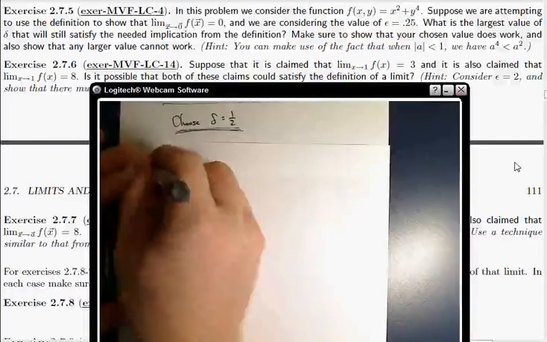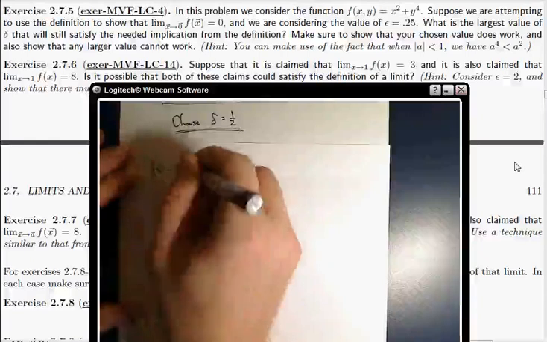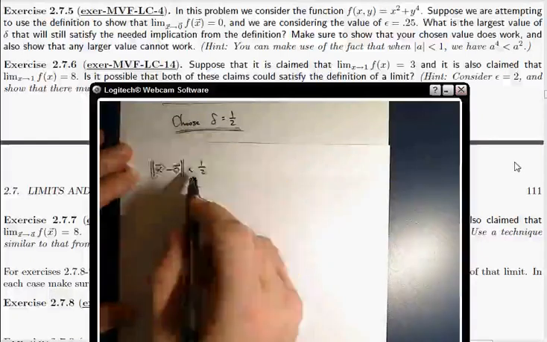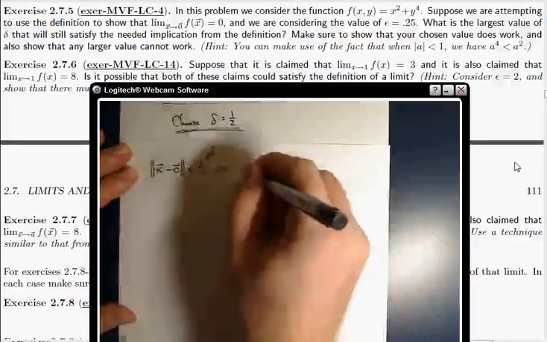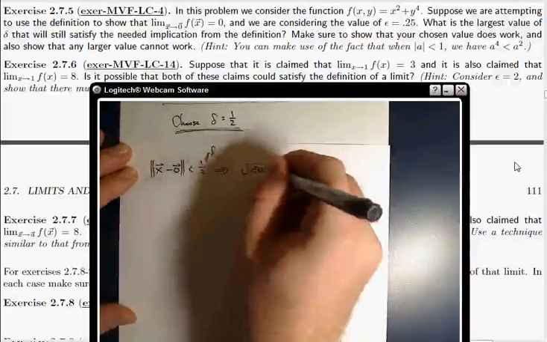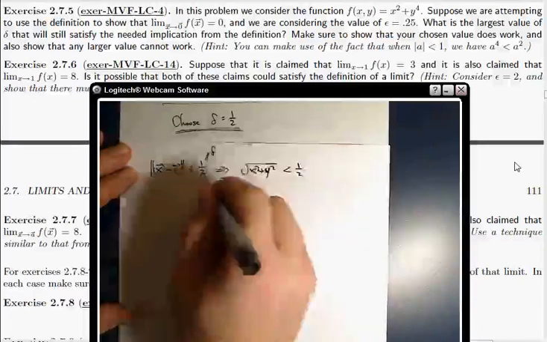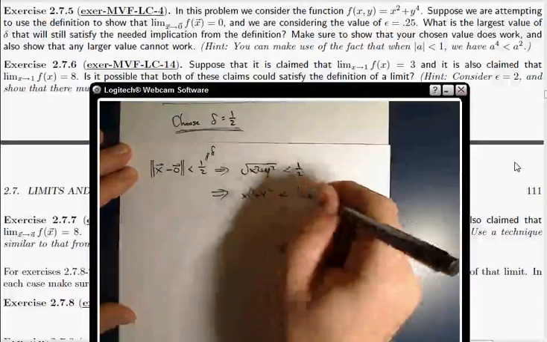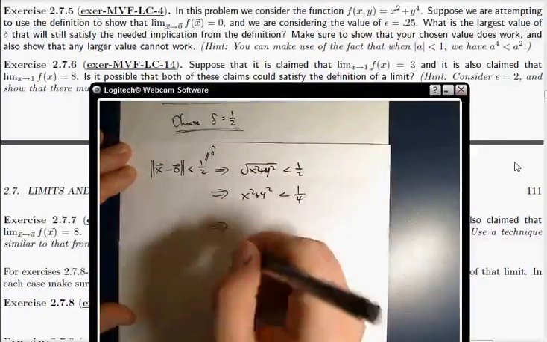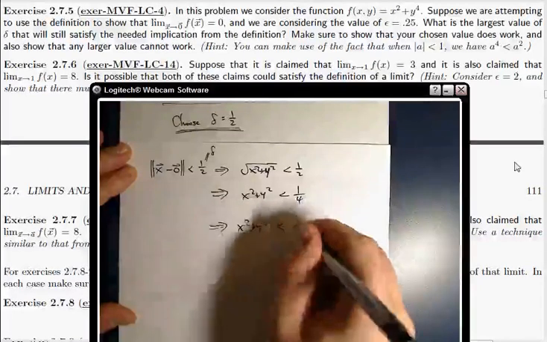if the length of x minus a is less than that chosen delta of a half, well, that implies that the square root of x squared plus y squared is less than a half, and that implies that x squared plus y squared is less than a fourth, and that implies that the smaller expression x squared plus y to the fourth is less than a fourth.